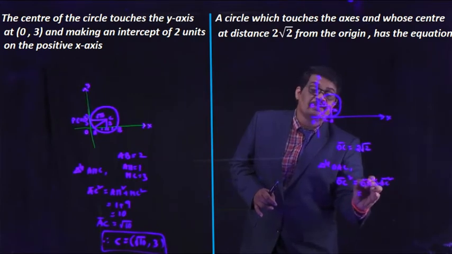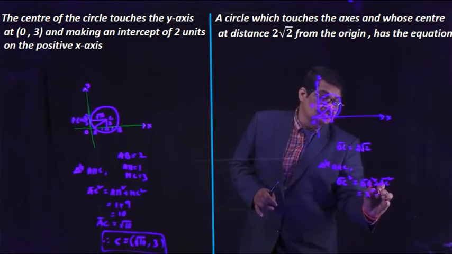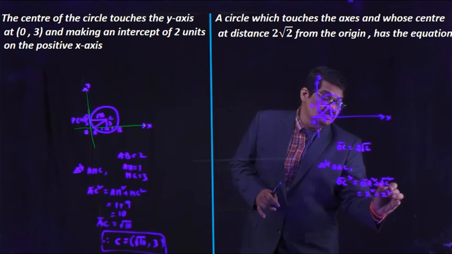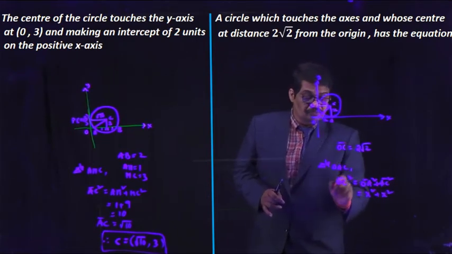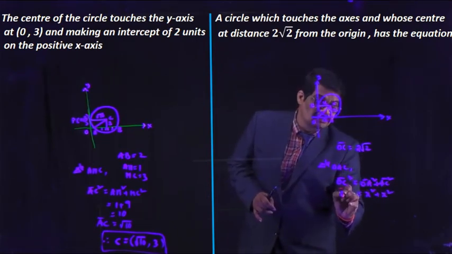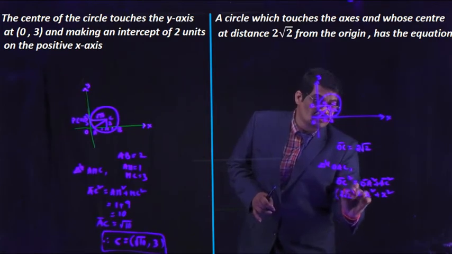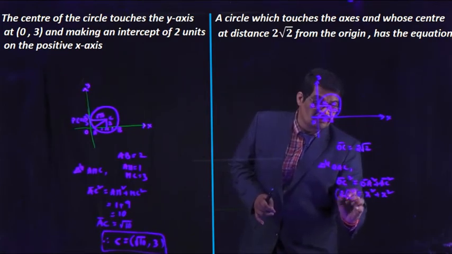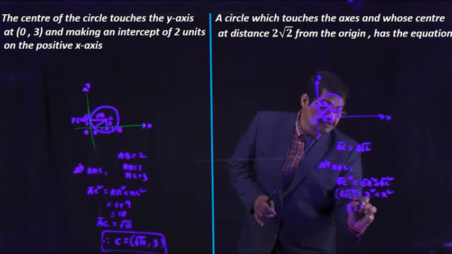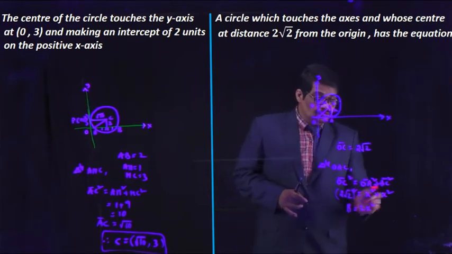OA is x, so x square, and AC is also x square. OC square is 2 root 2 whole square, that is 4 into 2, 8. So 2x square is equal to 8.